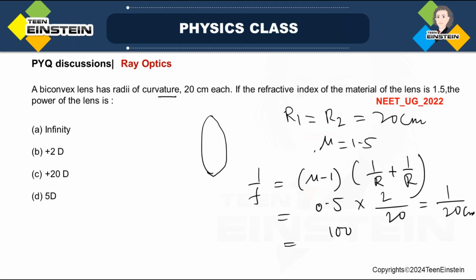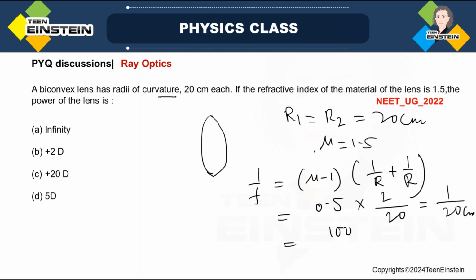So this will be in diopter. Five diopter. This was so simple, unless you don't understand that the unit is different, that you have to convert by multiplying 100.